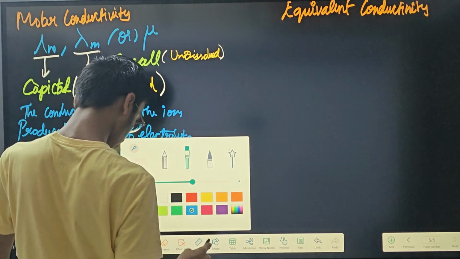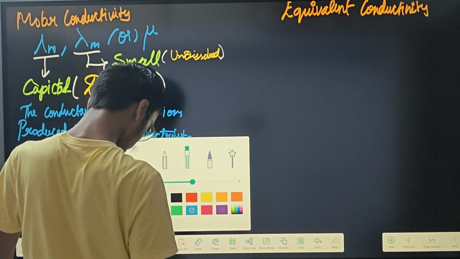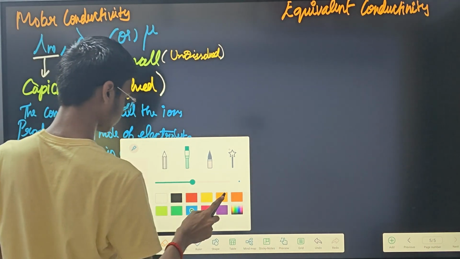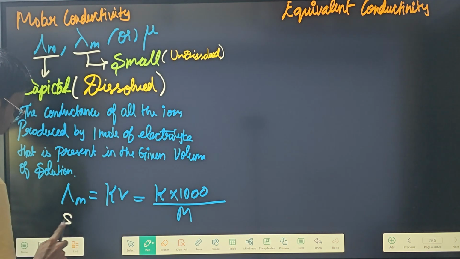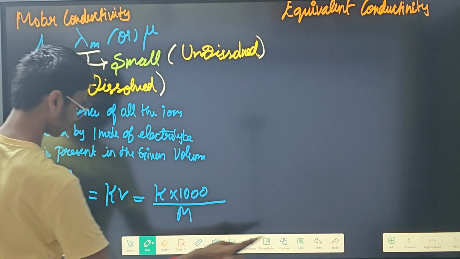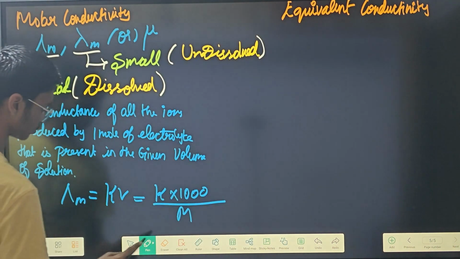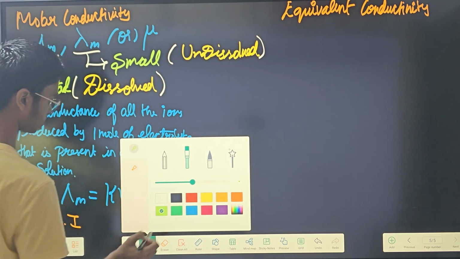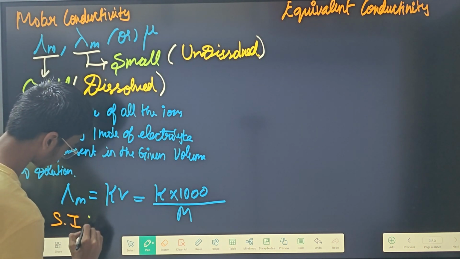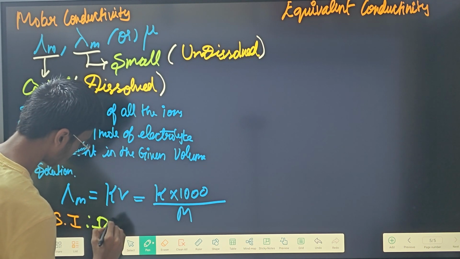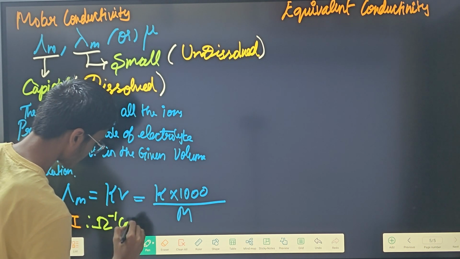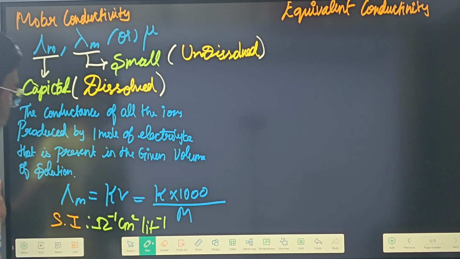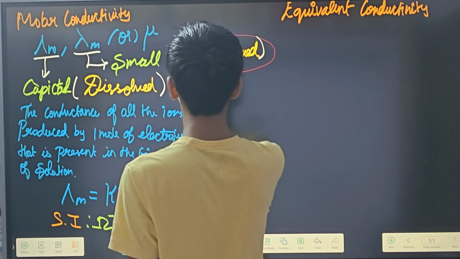The unit is ohm inverse centimeter square mole inverse, or ohm inverse centimeter square liter inverse. So this is right.